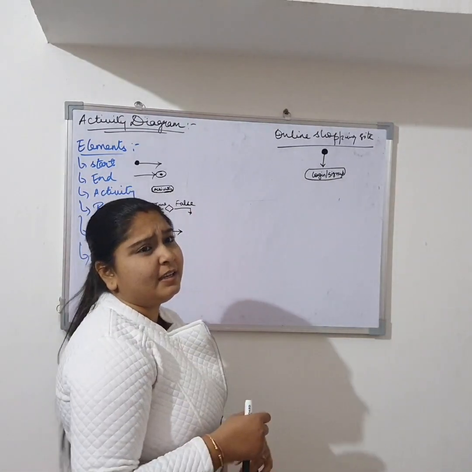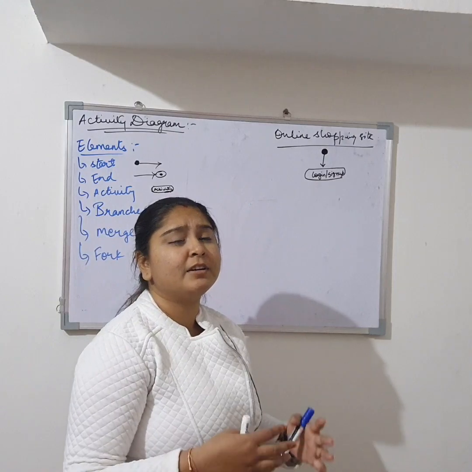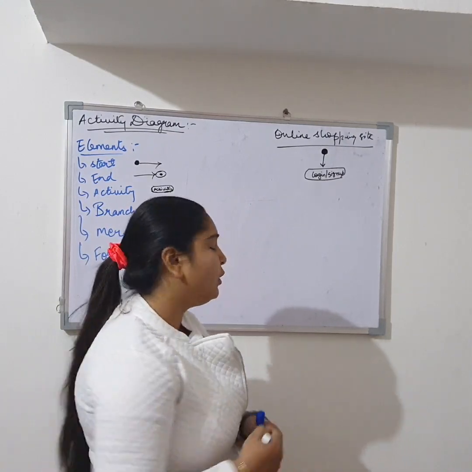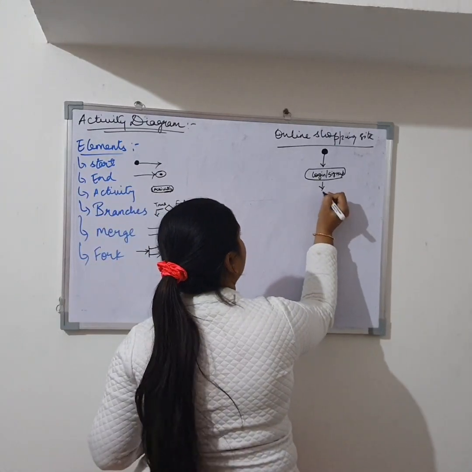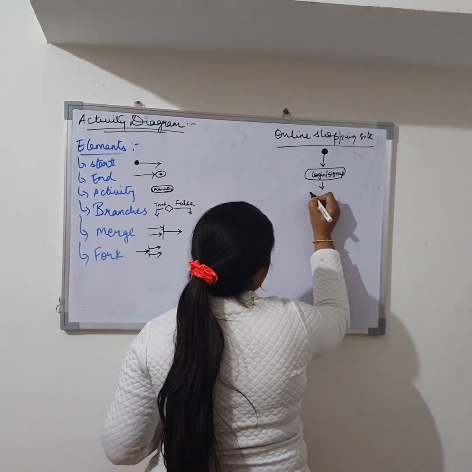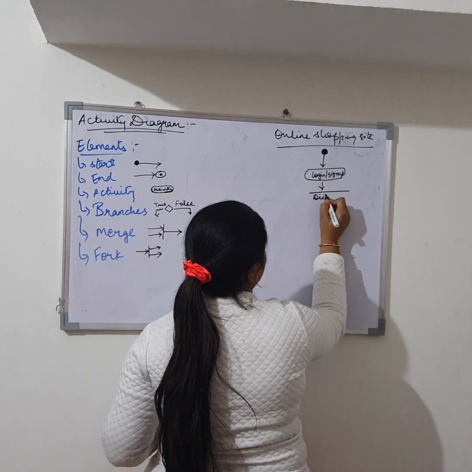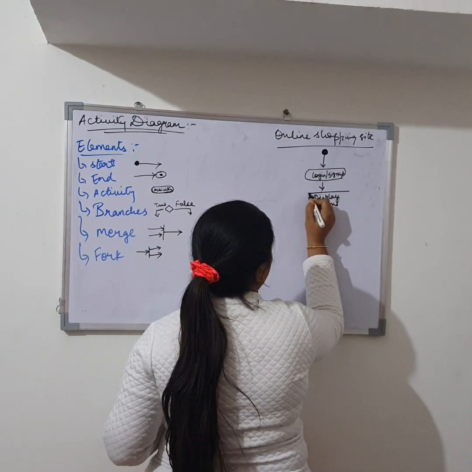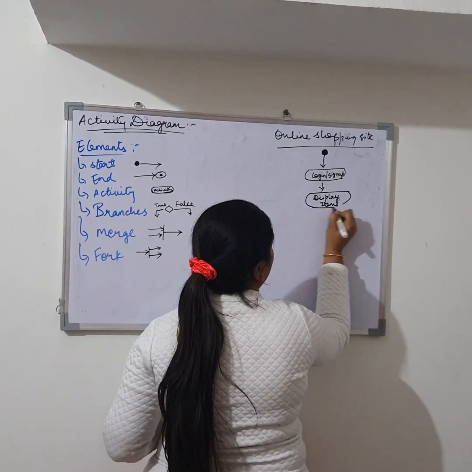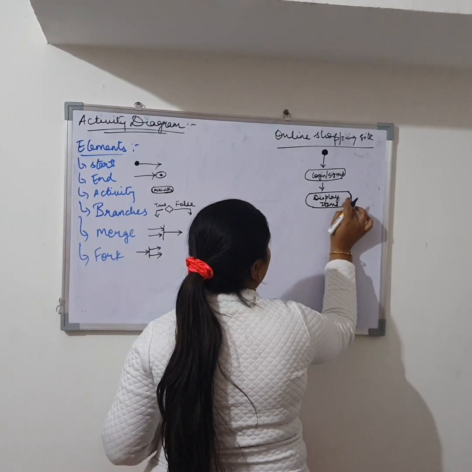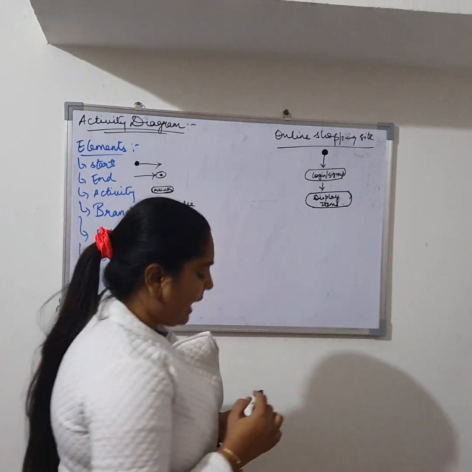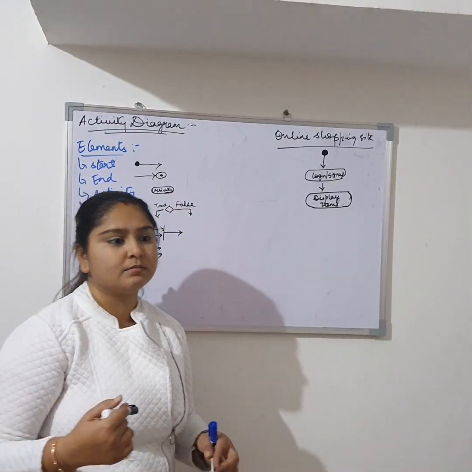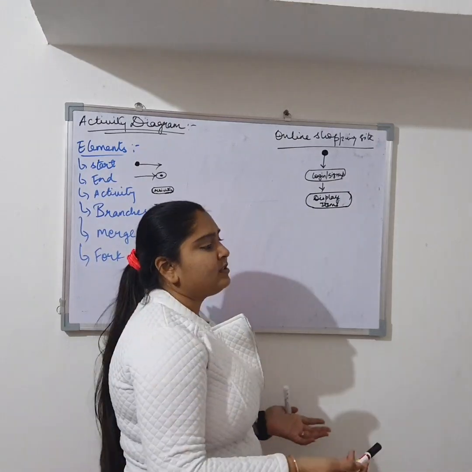After logging in, what will be our next step? We'll view the items which we want to buy. So the next activity can be display items. After seeing our items, what next will we be doing?